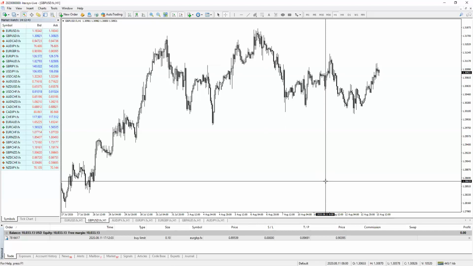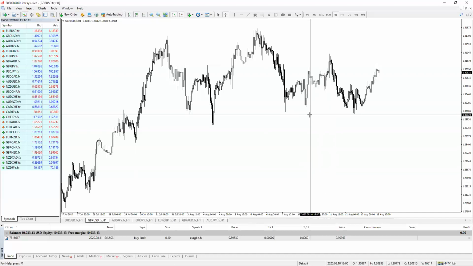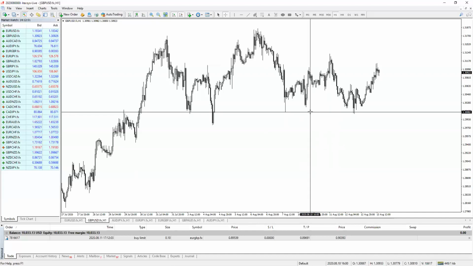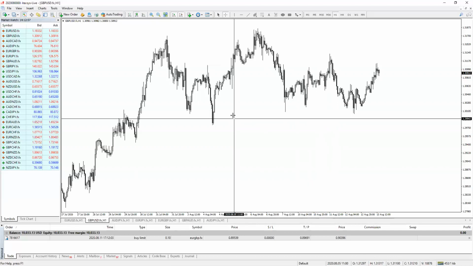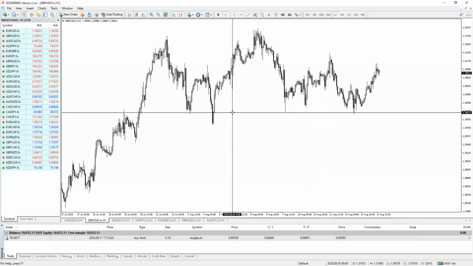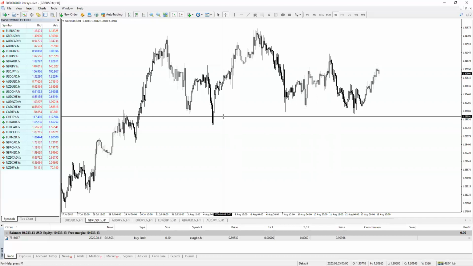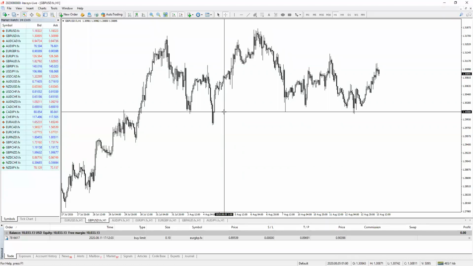It's a pre-New York session, and we'll start looking for some intraday ideas. Let's go ahead and look for it. My personal preference is looking for scalp ideas.